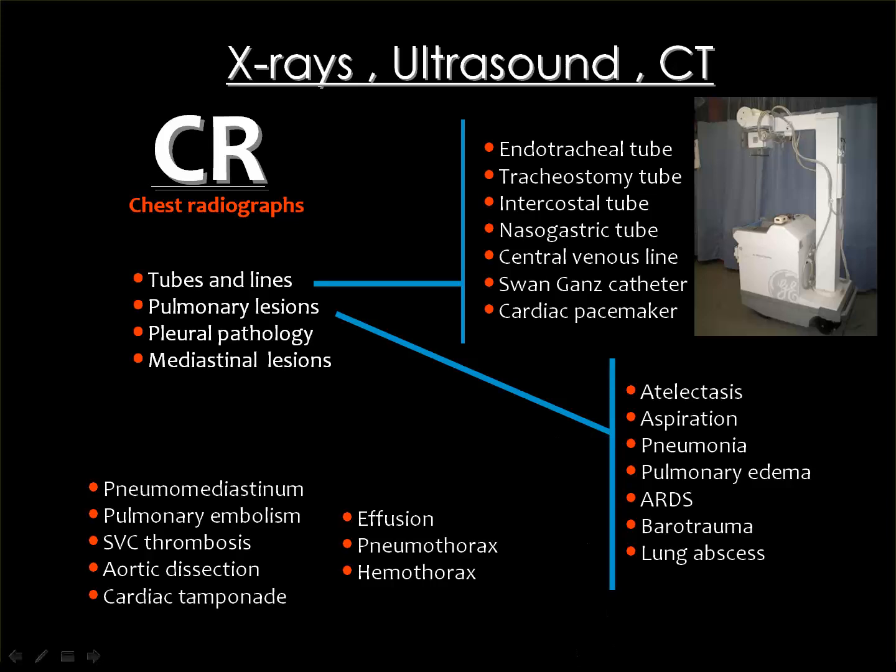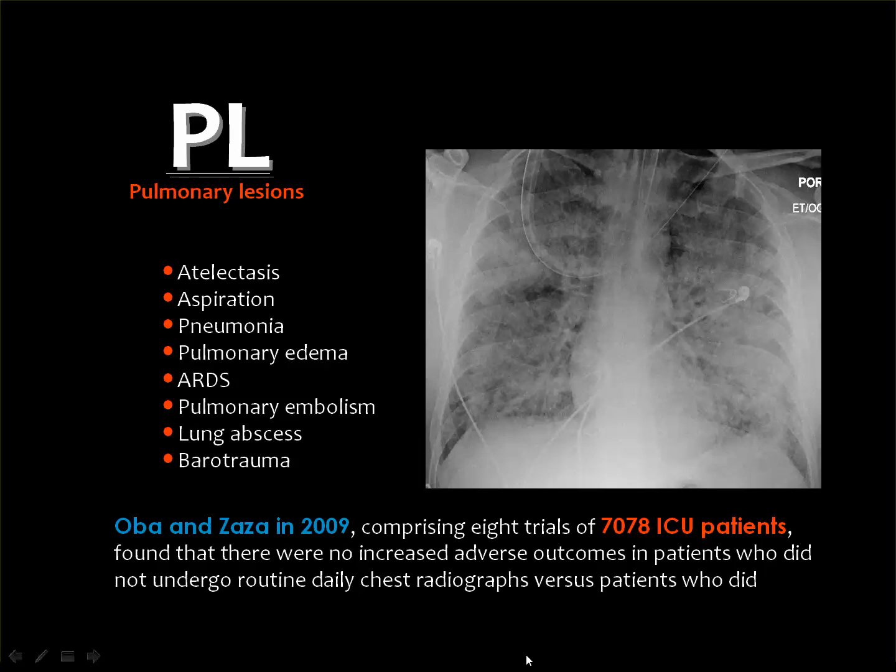Then pulmonary lesions we would like to discuss are atelectasis, aspiration, pneumonia, edema, acute respiratory distress syndrome, barotrauma, and lung abscess. The pleural lesions we would like to discuss are effusion, pneumothorax, hemothorax, and mediastinal pathology. We would like to say something about pneumomediastinum, pulmonary embolism, superior vena cava thrombosis, aortic dissection, and cardiac tamponade.